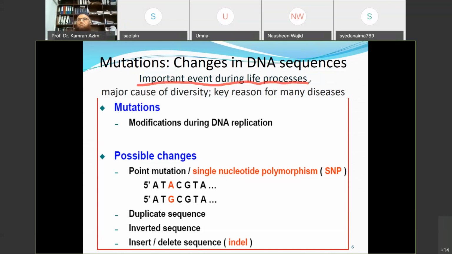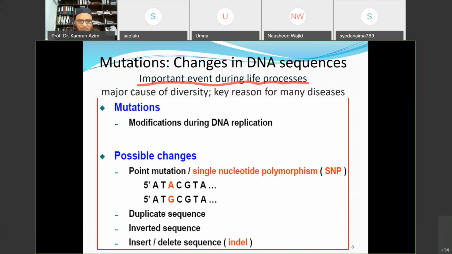A change in the DNA sequence is an important event during life processes.